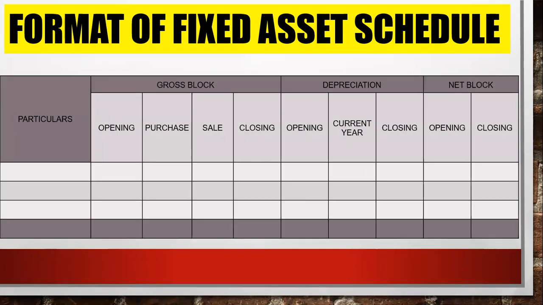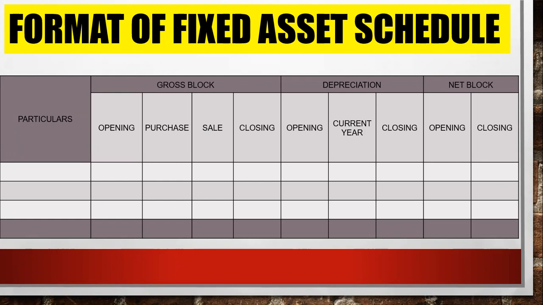In this format, particulars are there, where you write your asset names, like plant and machinery, building and all, then gross block, depreciation and net block. Gross block is the original cost you have paid for the asset without any depreciation deducted.